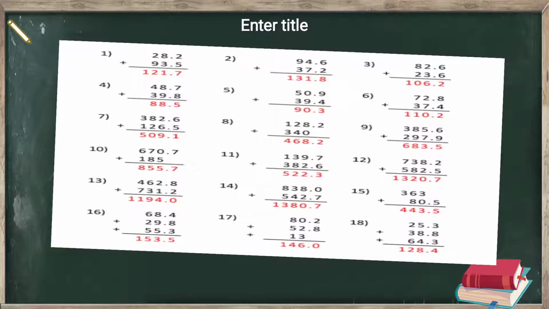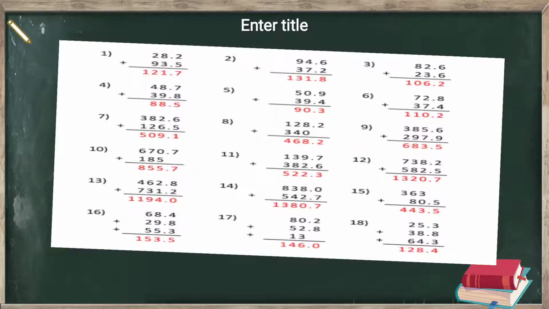Now, as you can see, the 17th one. 80.2, 52.8 and plus 13. If we want, we can add 0 in 13, making it 13.0. For just proper lineup, we can add 0.